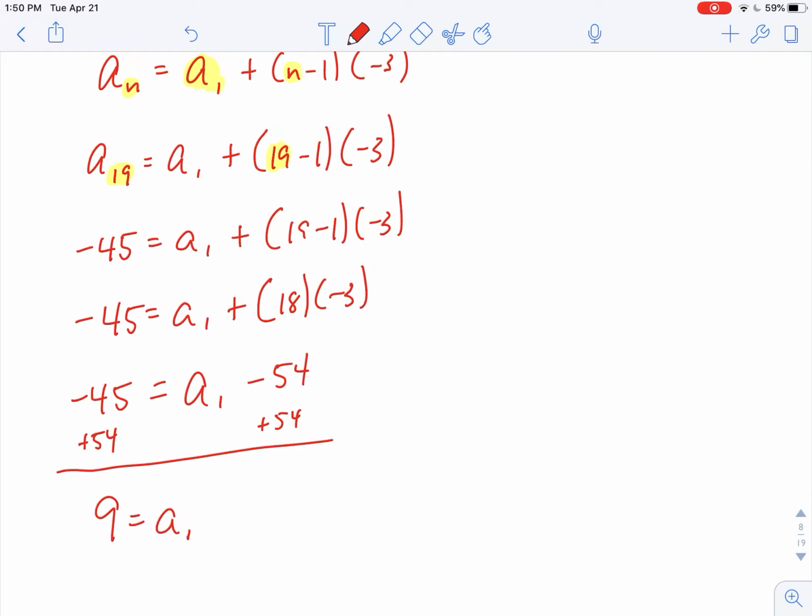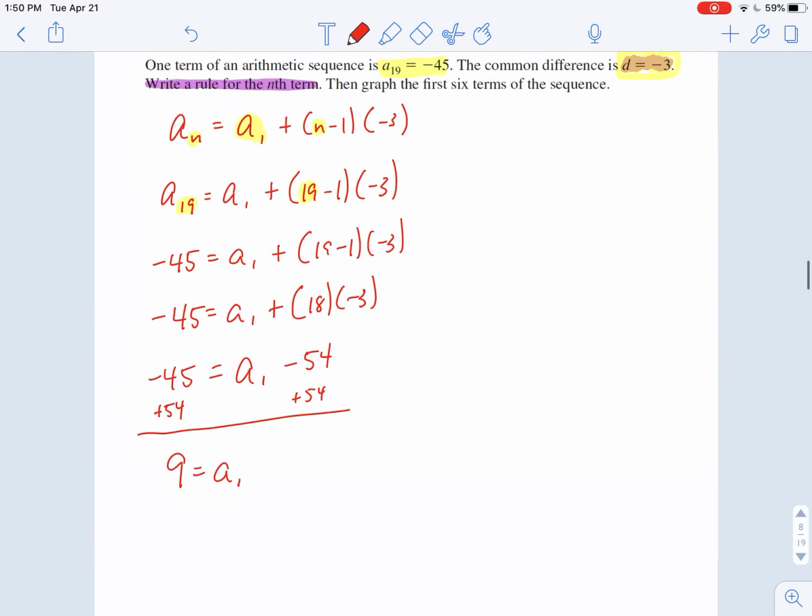Now, after all that work, sometimes we get a little bit tired and we forget what it is that we're trying to do. Keep in mind, we are trying to write a rule for the nth term. So the nth term is found by taking a sub 1, which we know, plus n minus 1 times d, which we also know.